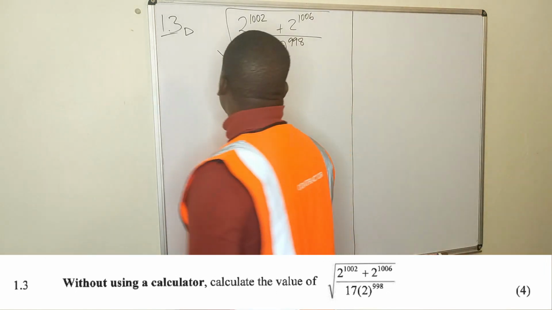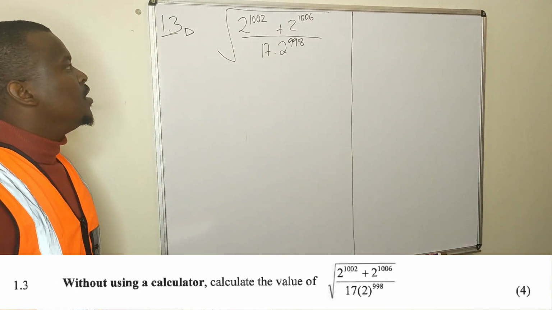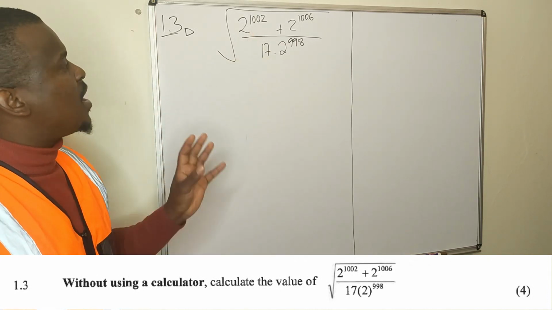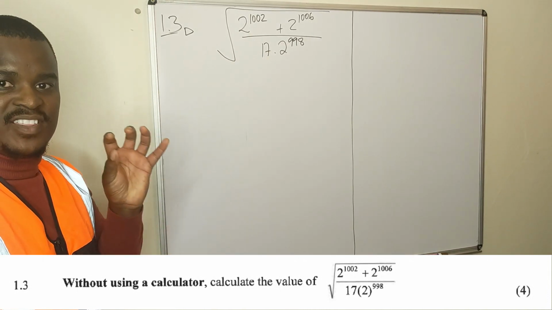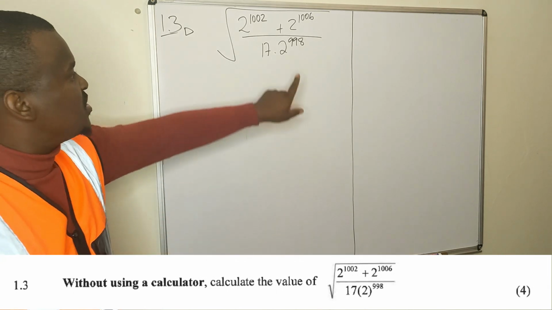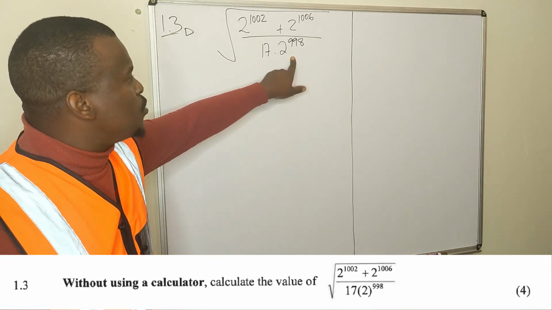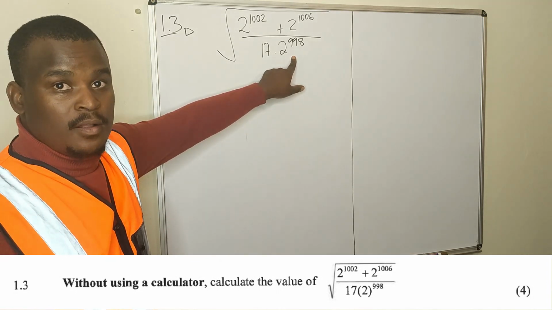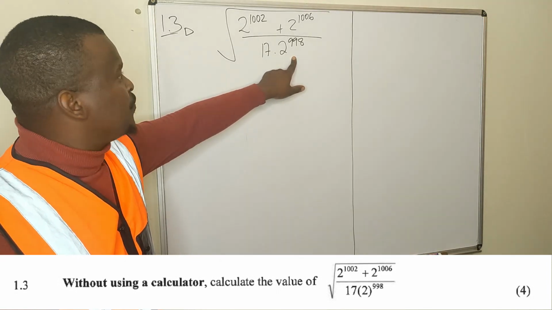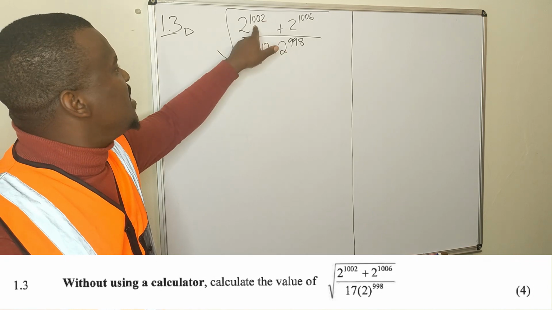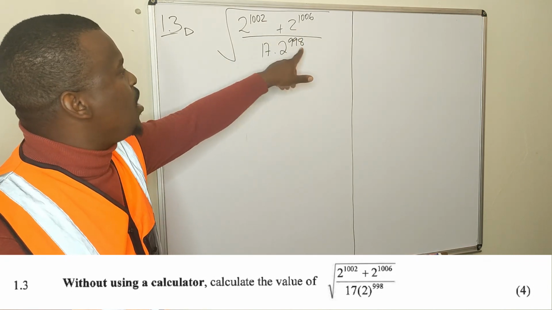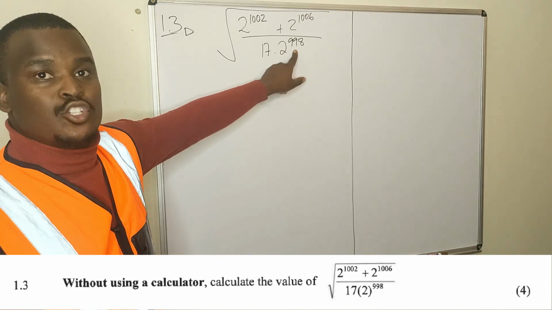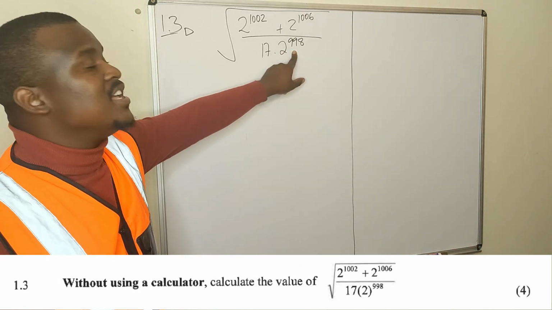What you should want to do first is to look at the one that has the lowest power, which is this one, 2 raised 998. This is the lowest power. So you should try to break up these terms such that this lowest power is also visible.